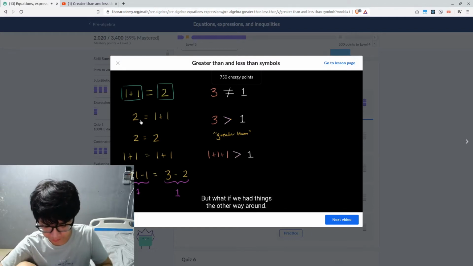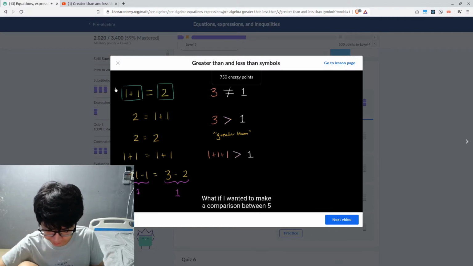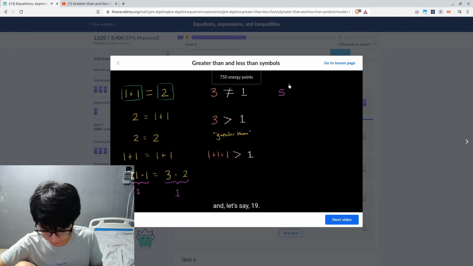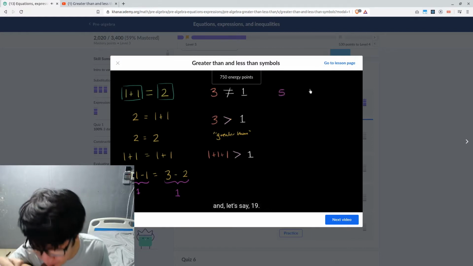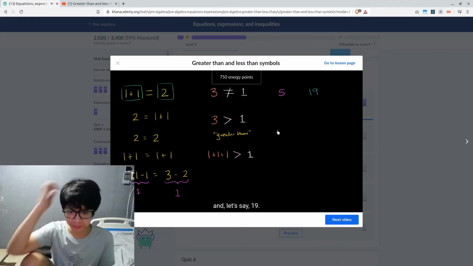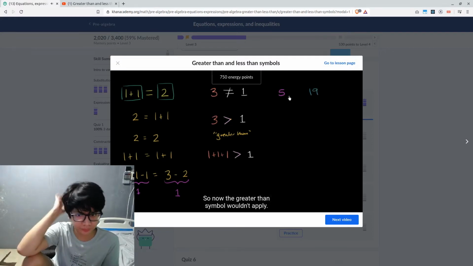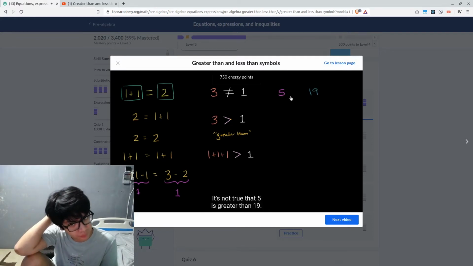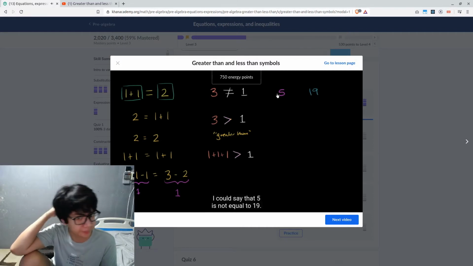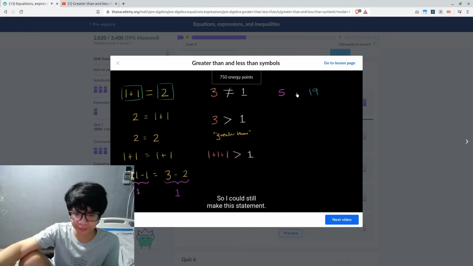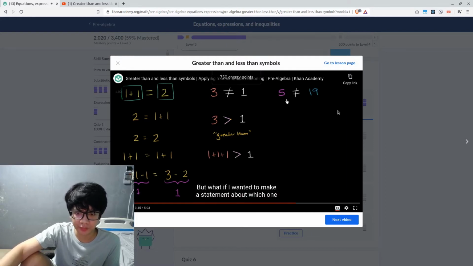But what if we had things the other way around? What if I wanted to make a comparison between 5 and, let's say, 19? Now the greater than symbol wouldn't apply. It's not true that 5 is greater than 19. I could say that 5 is not equal to 19, so I could still make this statement. But what if I wanted to make a statement about which one is larger and which one is smaller?